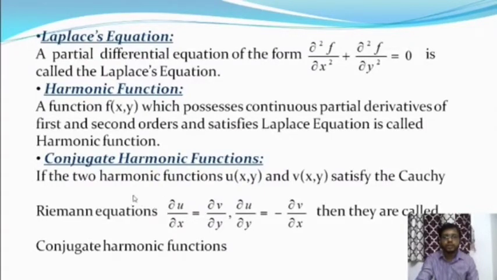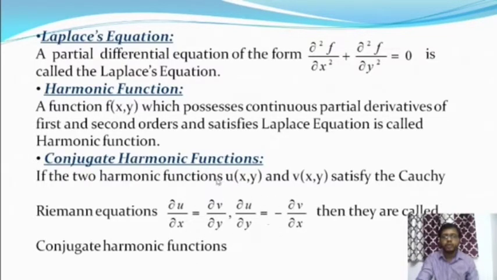If two harmonic functions u and v, which are functions of x comma y, satisfy the Cauchy-Riemann equations, which I have already discussed in the previous class, that means del u del x is equal to del v del y, and del u del y is equal to minus del v del x. This is called the Cauchy-Riemann equation.